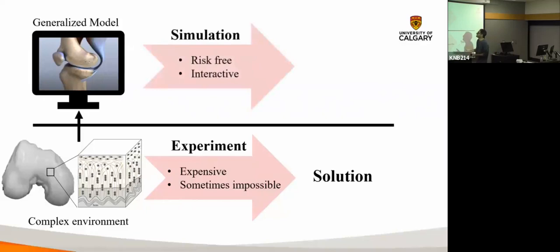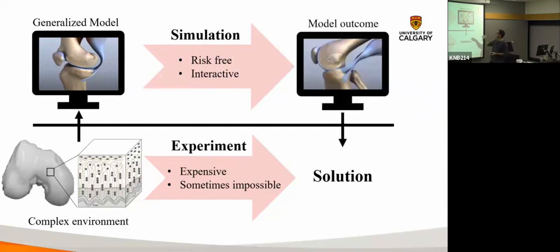And we do simulation. Simulation is a process in which we try to track the state of this model with time. So when you have this generalized model, you need to track it in time. And this simulation is risk-free and interactive. By interactive, I mean when you see the outcome of the model, the expert can see the outcome.